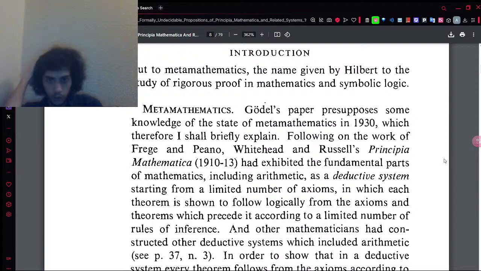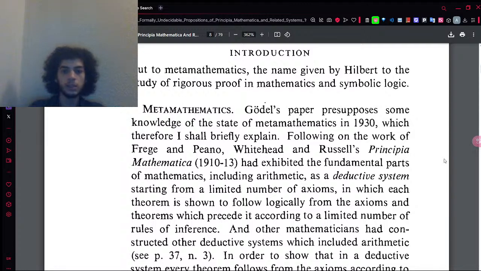Following on the work of Frege and Peano, Whitehead and Russell's Principia Mathematica had exhibited the fundamental parts of mathematics, including arithmetic, as a deductive system, starting from a limited number of axioms, in which each theorem is shown to follow logically from the axioms and theorems which precede it, according to a limited number of rules of inference.